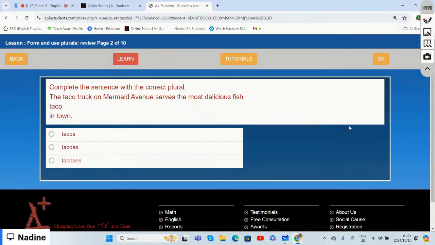All right, so is it option one, option two, or option three?